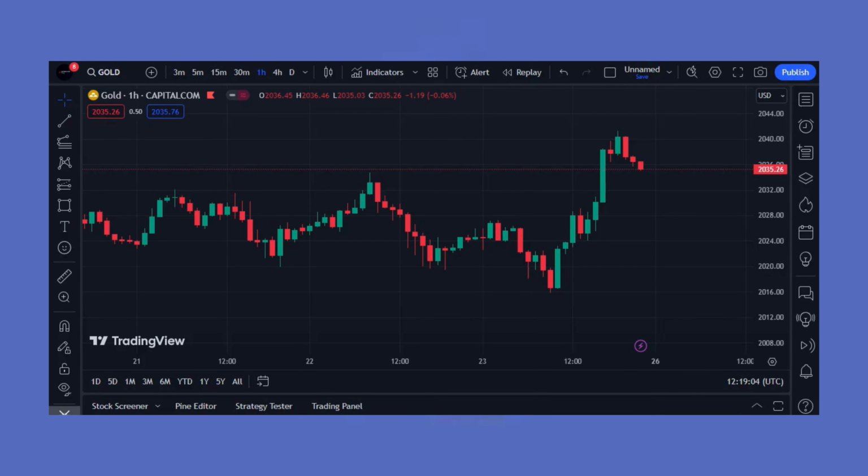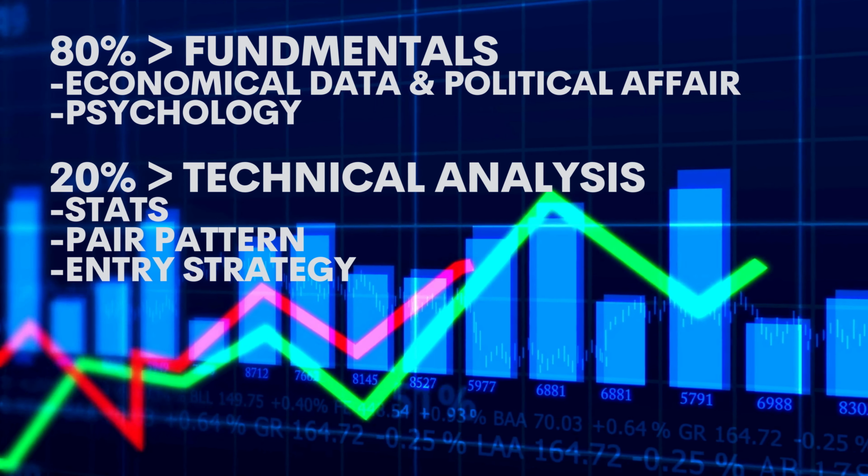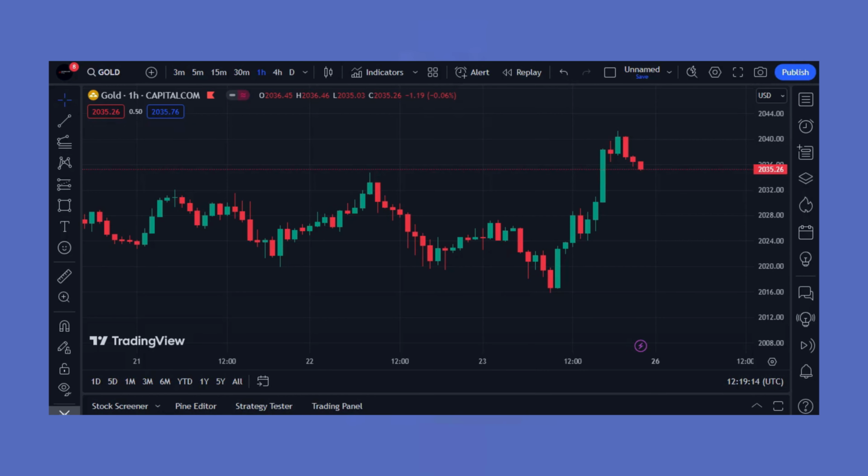First of all, this is a strategy of three spheres of trading. My strategy is 80% fundamental analysis, which includes the fundamentals of gold and the emotional and psychological side of gold.